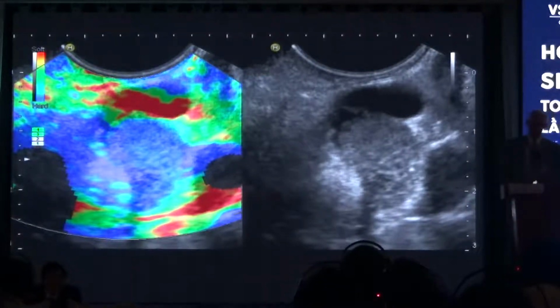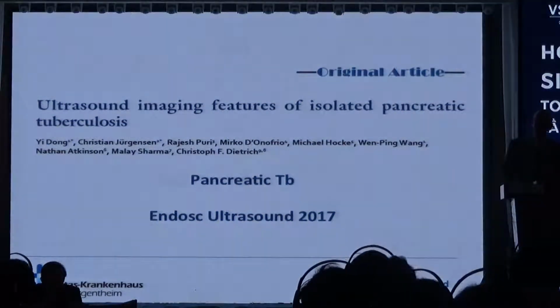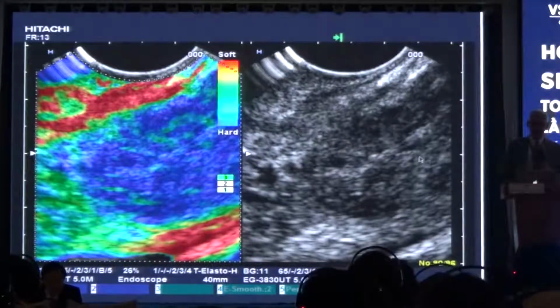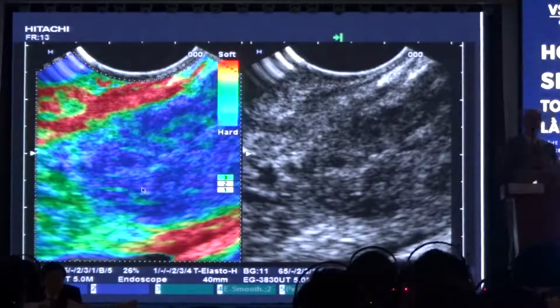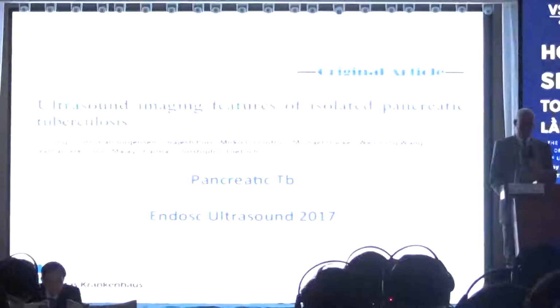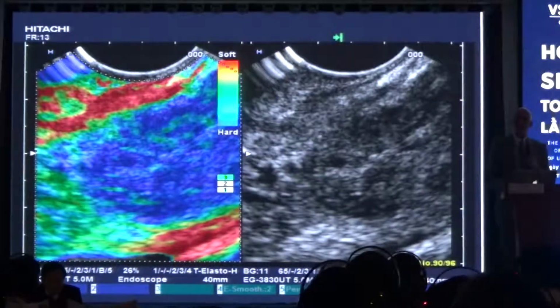If you go to India and some other places, I'm not sure about Vietnam, a focal pancreatic lesion might be not only ductal adenocarcinoma, it can be autoimmune pancreatitis, but it can also be, as published in this paper, pancreatic tuberculosis.